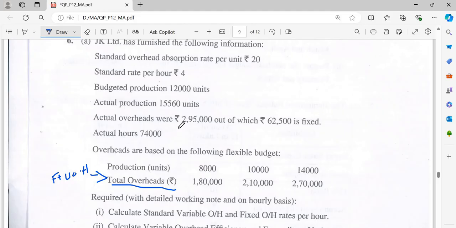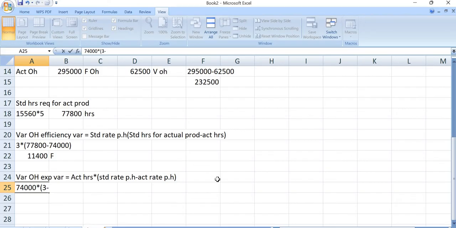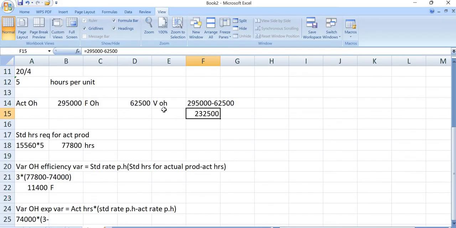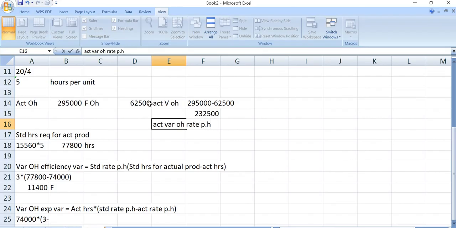So actual variable overheads, already we have actual variable overheads as 2,32,500, right? So actual variable overhead rate per hour is equal to 2,32,500 divided by number of hours, that is 74,000. So I will be getting 3.1419.